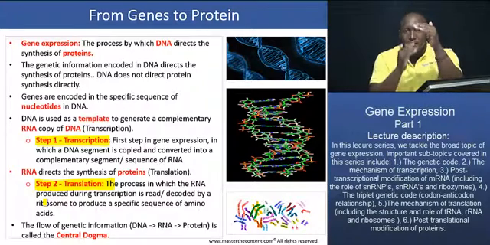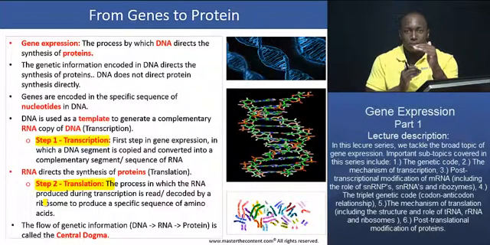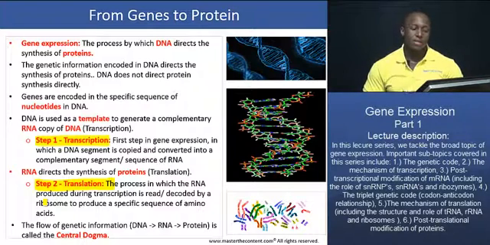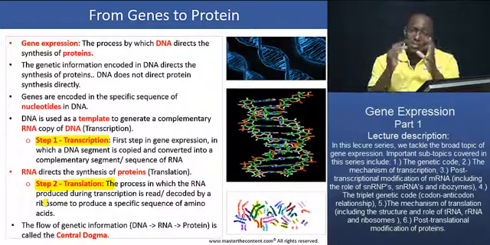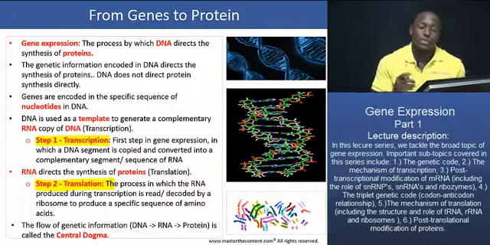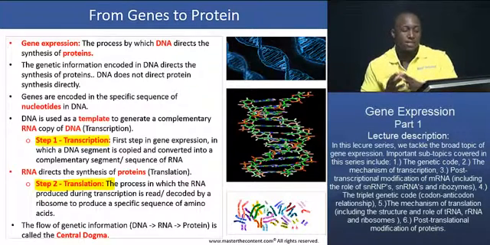So you take a specific segment of DNA, which is a gene, and convert it into a specific sequence of nucleotides in what we call ribonucleic acid. This RNA is what we then use to synthesize our protein.